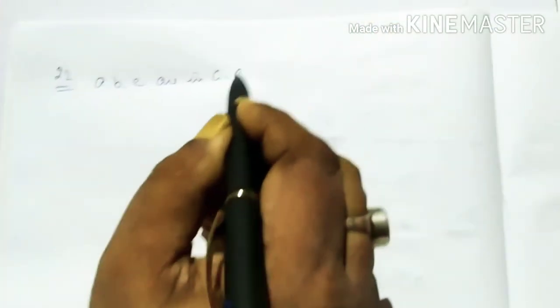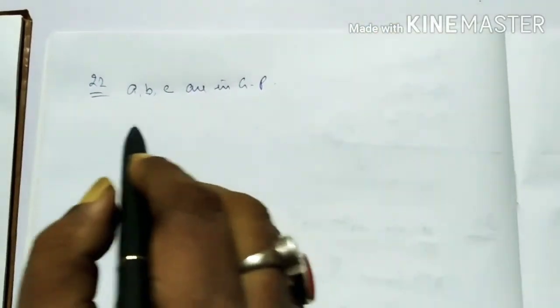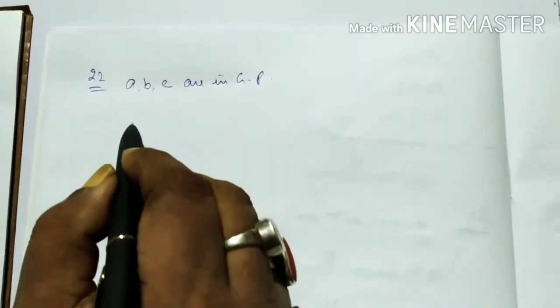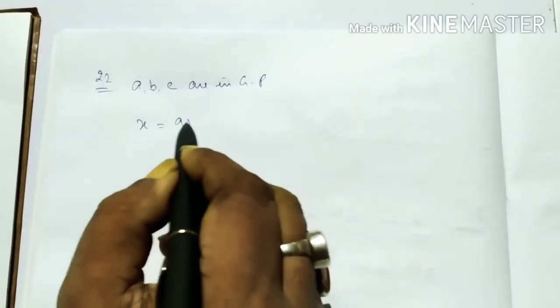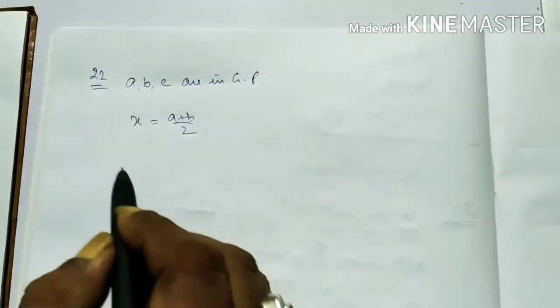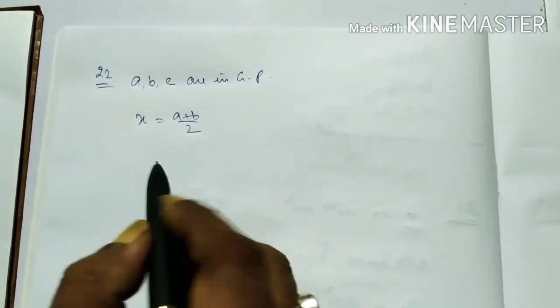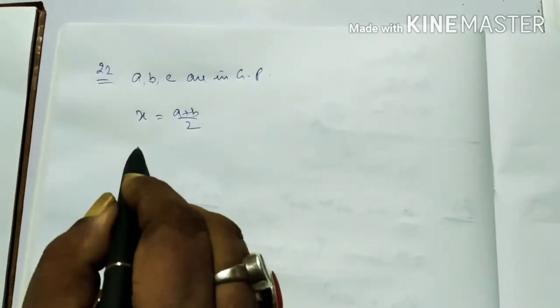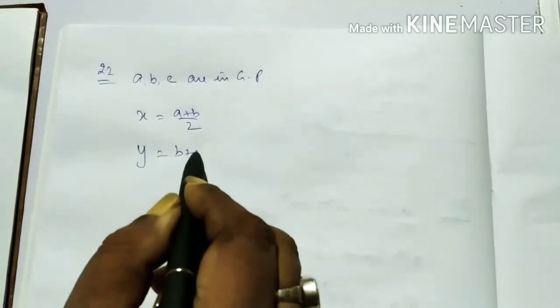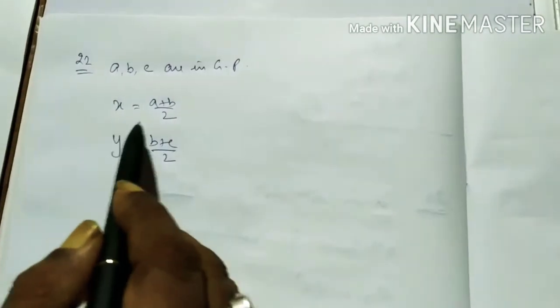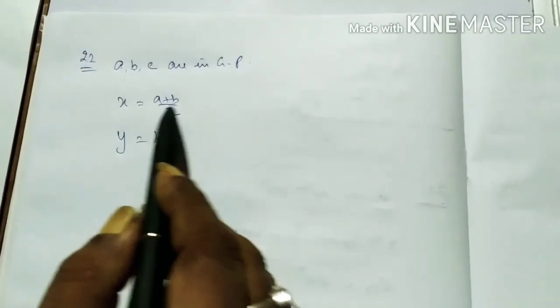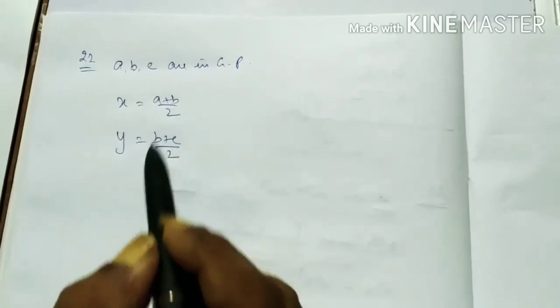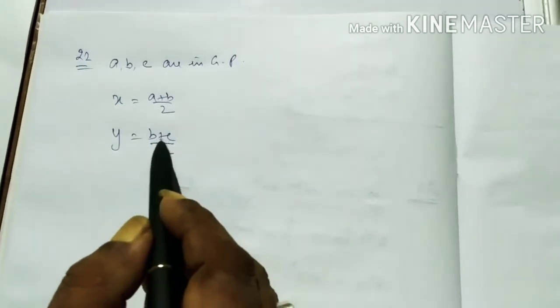And X is the arithmetic mean of A and B, means X is equal to A plus B by 2, and Y is the arithmetic mean of B and C, Y is equal to B plus C by 2. This is given to you, that A, B, C are in GP, X is the arithmetic mean of A and B, and Y is the arithmetic mean of B and C.